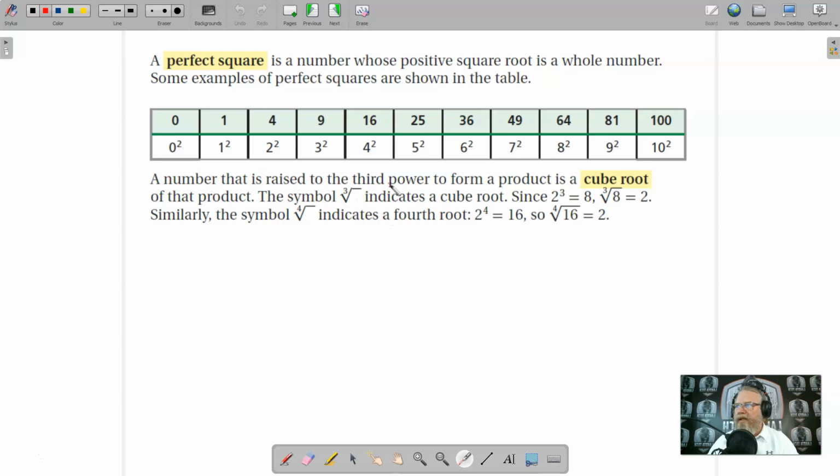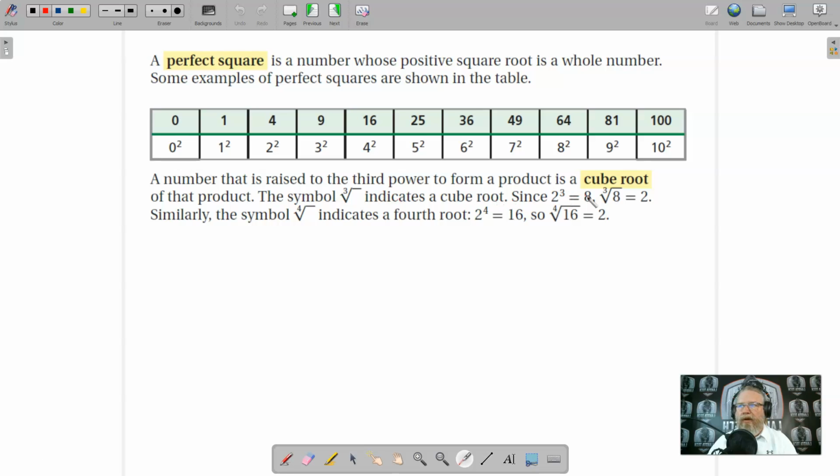A number that is raised to the third power to form a product is called a cube root of that product. This symbol here, the radical symbol with the 3 here, this 3 is what is in the position of what we refer to as the index. So the symbol indicates a cube root.